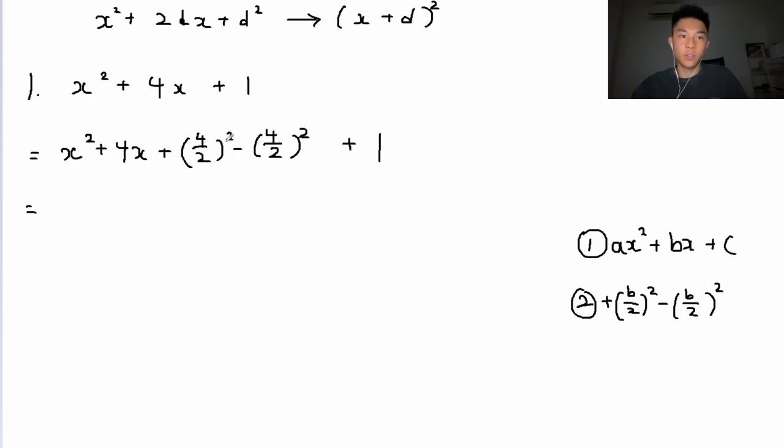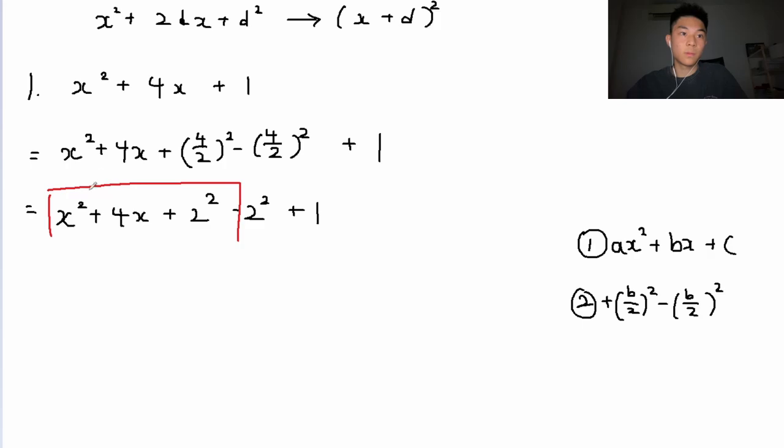If you notice, our + (4/2)² − (4/2)² part equals 0. So technically, we didn't change the equation, we just rewrote it. Now let's simplify our brackets. So we get x² + 4x + (4/2), that's 2², − 2² + 1. Now, x² + 4x + 2² is the same thing as x² + 2dx + d².